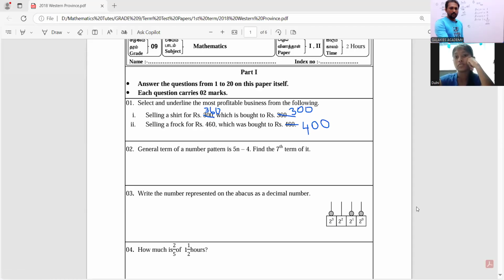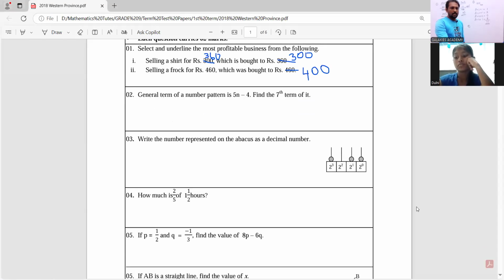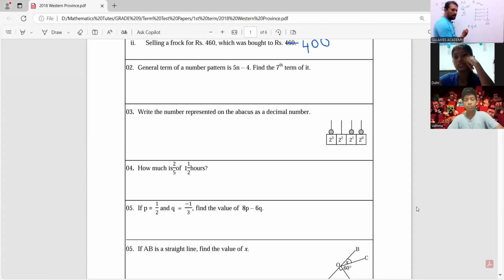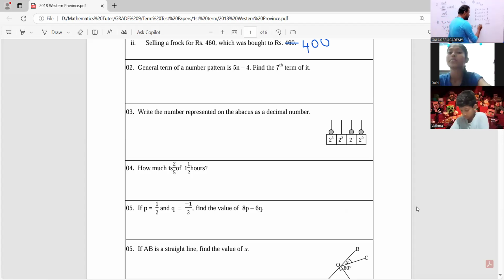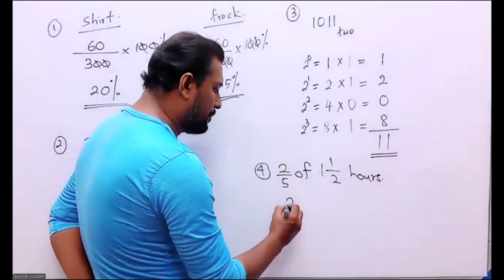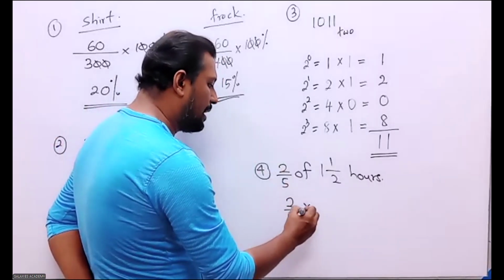Right. Then let's go to the fourth question. Fourth question is given from fractions. How much is 2 over 5 of 1 and 1 over 2 hours? Right. What do you have to do? 2 over 5 of means multiply.